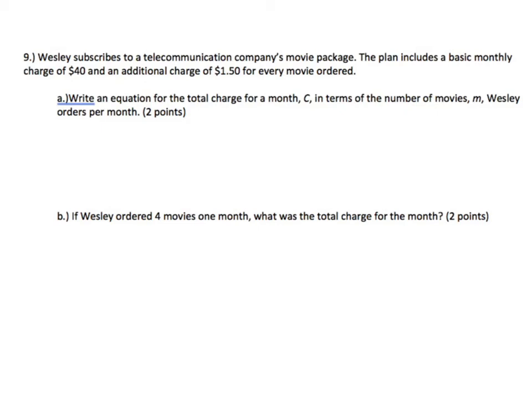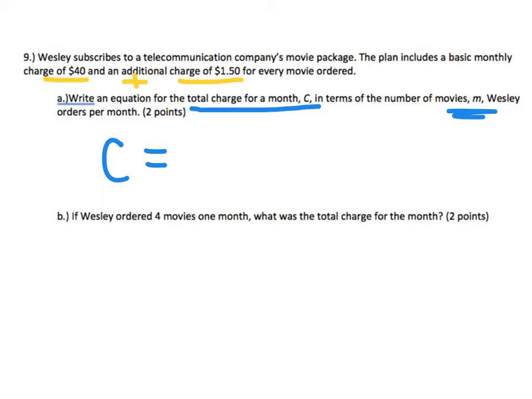Looking back, it says the basic monthly plan has a charge of $40 and an additional charge of $1.50 for every movie. Now this time we don't know the total charge, but it says to write the equation for the total charge for the month C in terms of the number of movies ordered.